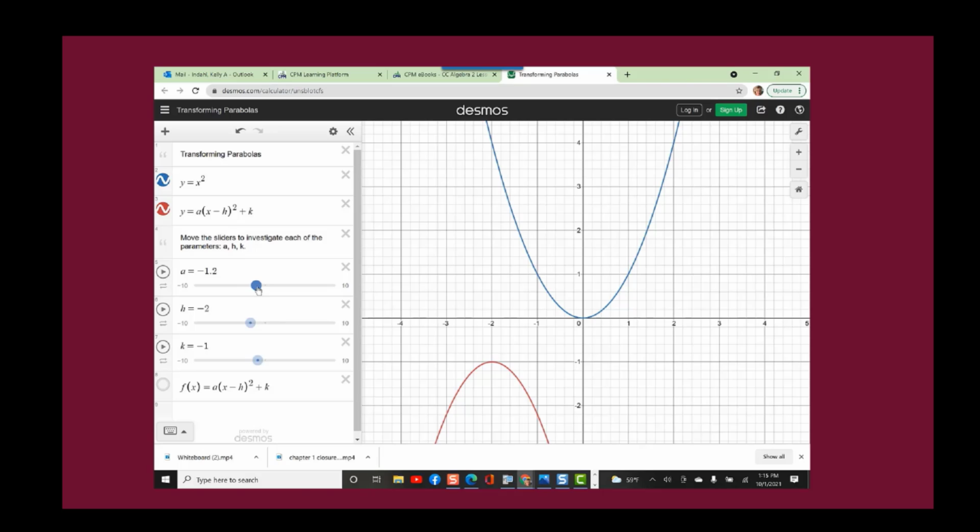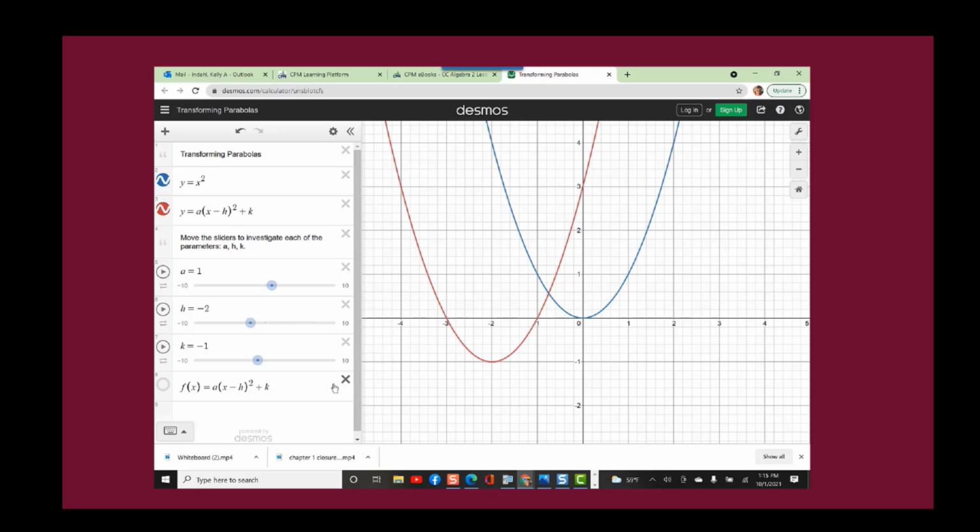I want to go to -1 though. There we go. So that's a horizontal shift of 2 to the left, 1 down, and it's a -a, so it flips it. Let's change this back to a +1. There we go, so that kind of shows you how all of that works.